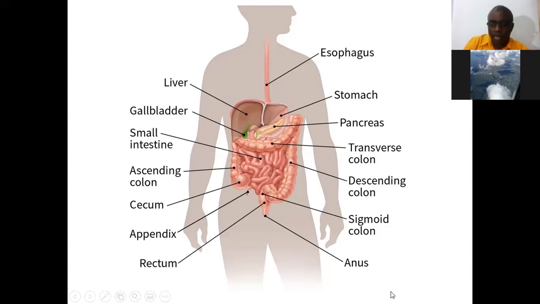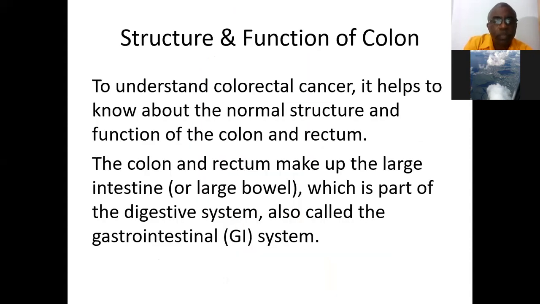All right. This is a clearer picture than the one that I showed you, but it's actually showing similar organs and structures that we dealt with before. To understand colorectal cancer, it helps to know about the normal structure and function of the colon and rectum.